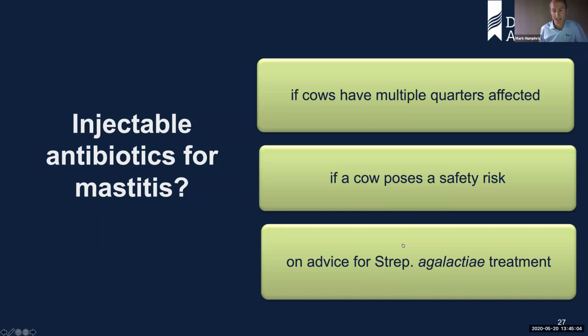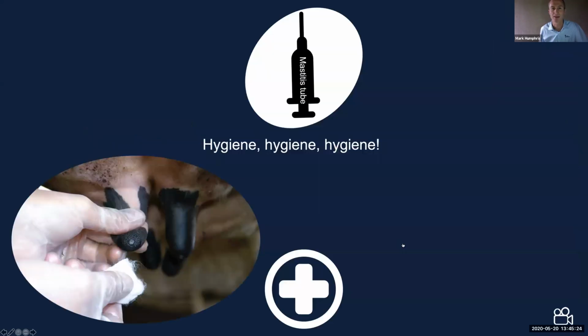Fortunately, there are fewer presentations of strep ag these days, but it is still around. There's some evidence to suggest that injectable antibiotics can be used in cows with severe mastitis, but there's probably even more evidence around the use of anti-inflammatories, which we'll talk about shortly.